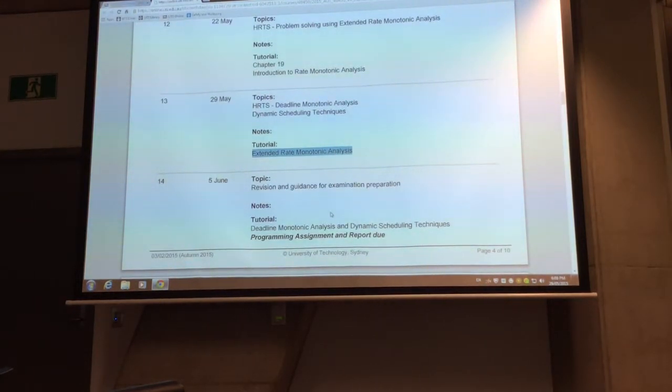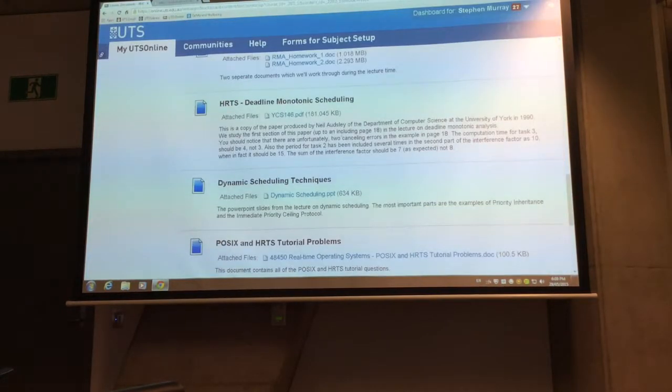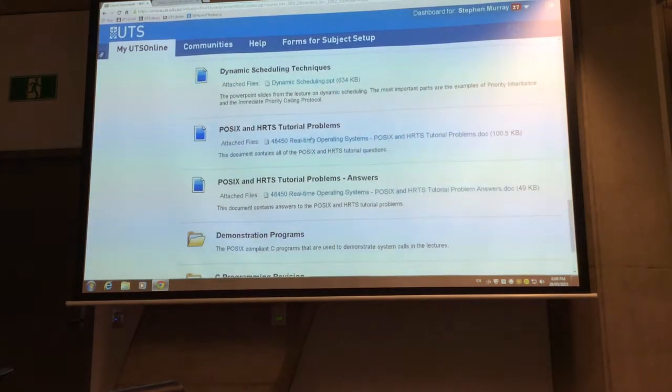Bring those, and then we'll deal with them in the class, so that by the end of next week's session, everyone has had a good opportunity to get to grips with all the tutorial problems. That is the ones out of these two documents here, that document there and the answers there. I think once we've done that, that's it. You can finish off the assignment.